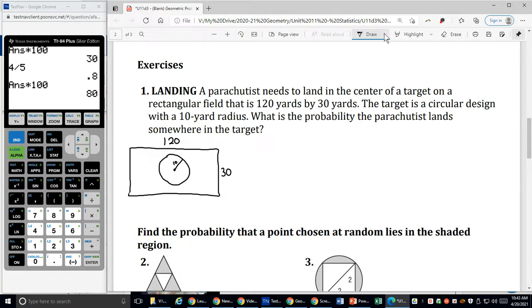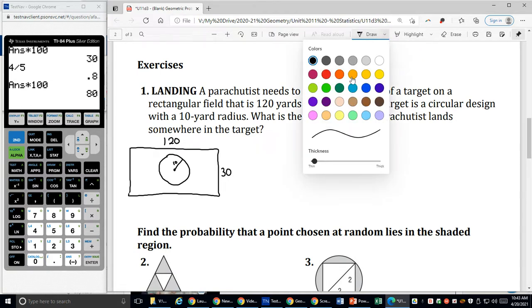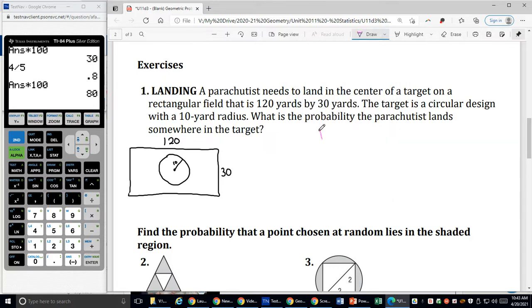Okay, so I'm going to need to find 2 areas because to find the probability that I'm going to land in the target, I'm going to have to do the target over the field. Because the target is my favorable, that's where I want to land. And then the field is where I can land.